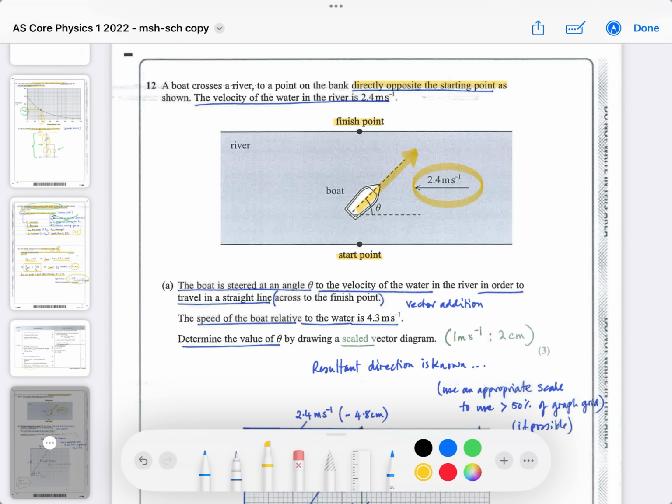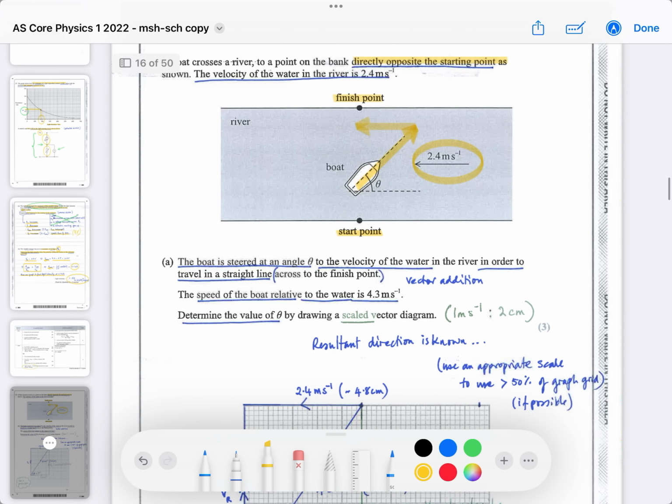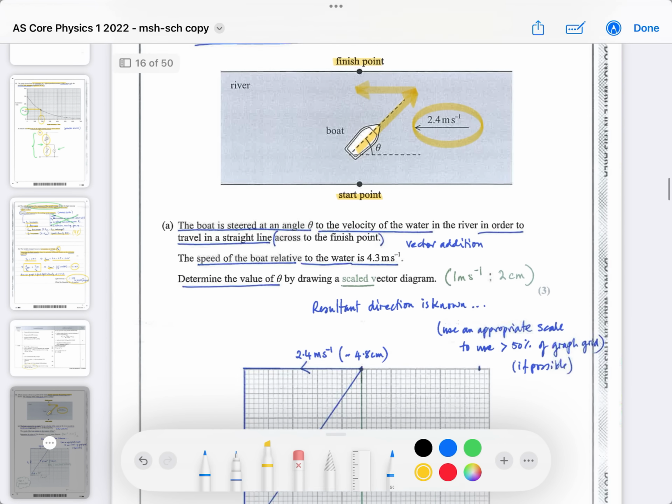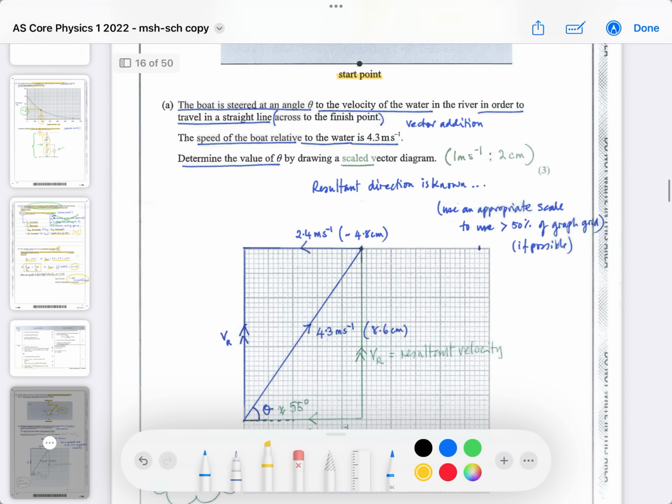Okay, so you're going to have these two arrows adding together to finish at the finishing point. So you basically have a vector addition question. So we know the current of the water, and they want you to use a scale drawing. So the boat is steered at an angle theta.